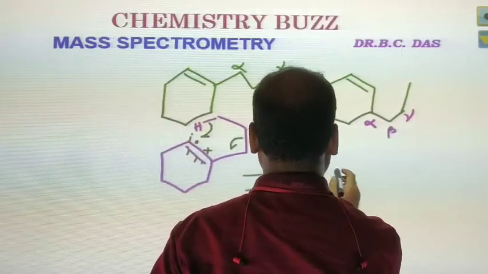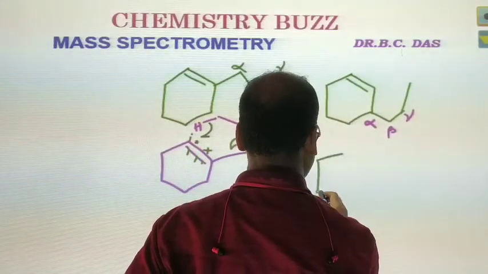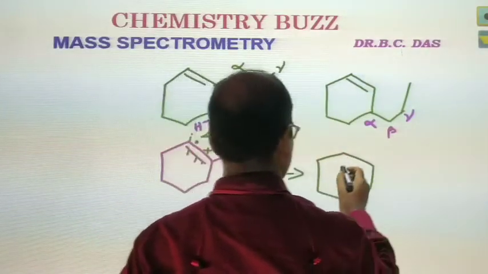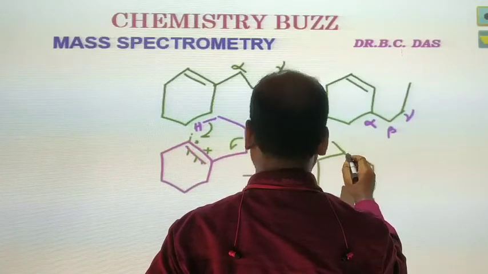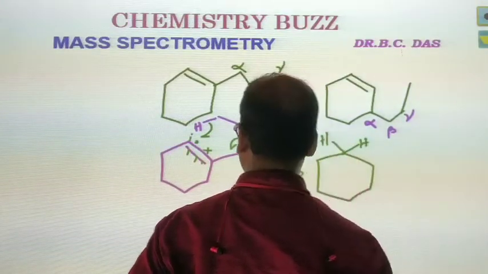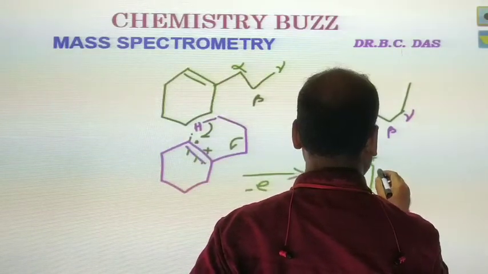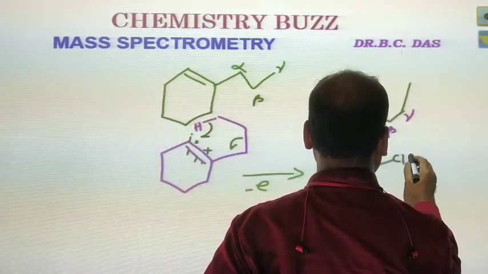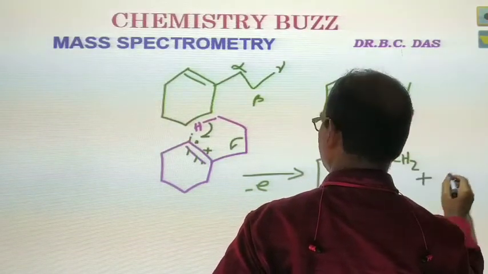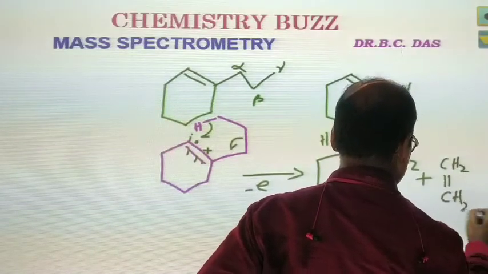This will give you a compound like this, with H, and here it is the plus, so CH2 dot plus and CH2 double bond CH.